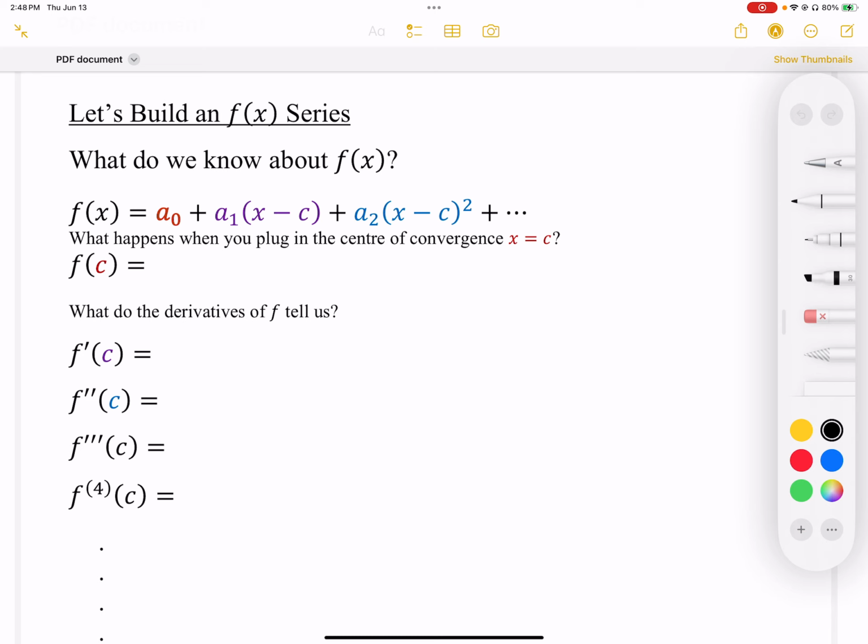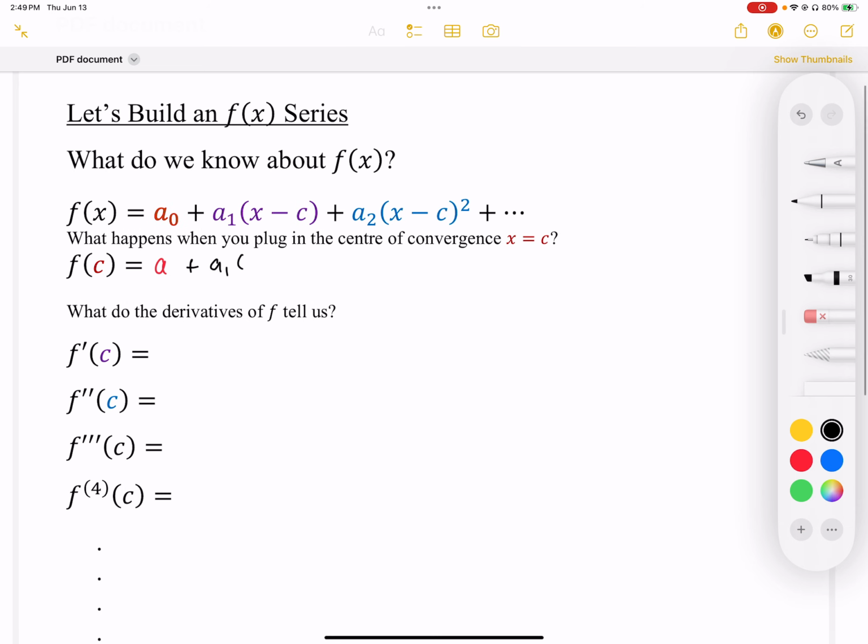Well, if we plug in the center of convergence, x equals c, think about what's happening in this expression. We have a0 plus a1 times (c minus c) to the power 1, plus a2 times (c minus c) to the power 2, plus dot, dot, dot.